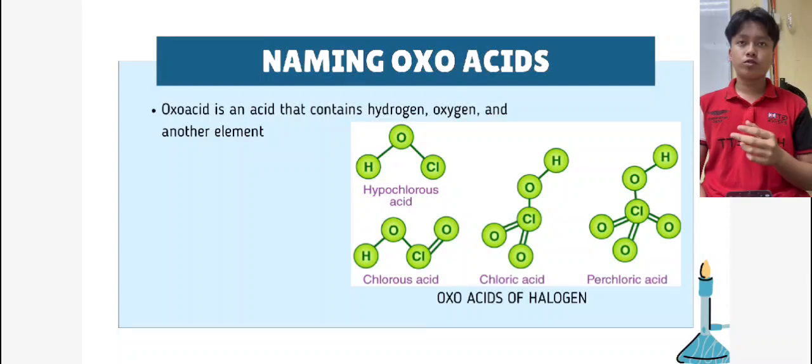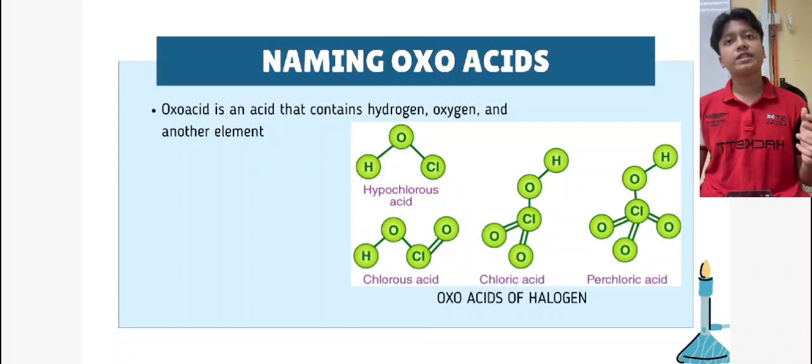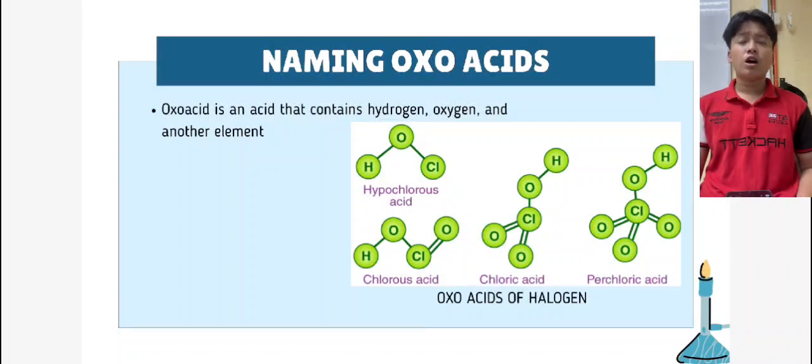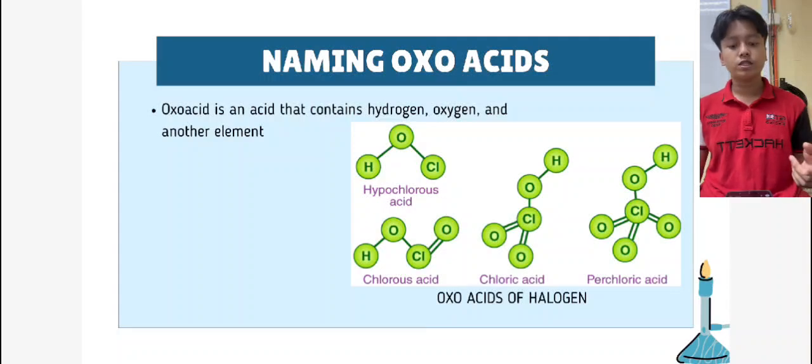Next, I'm going to be talking about naming oxoacids. An oxoacid is an acid that contains hydrogen, oxygen, and other elements. The naming rule of oxoacids is: it starts with the base name of the central atom, and we add a suffix depending on the number of oxygen atoms.